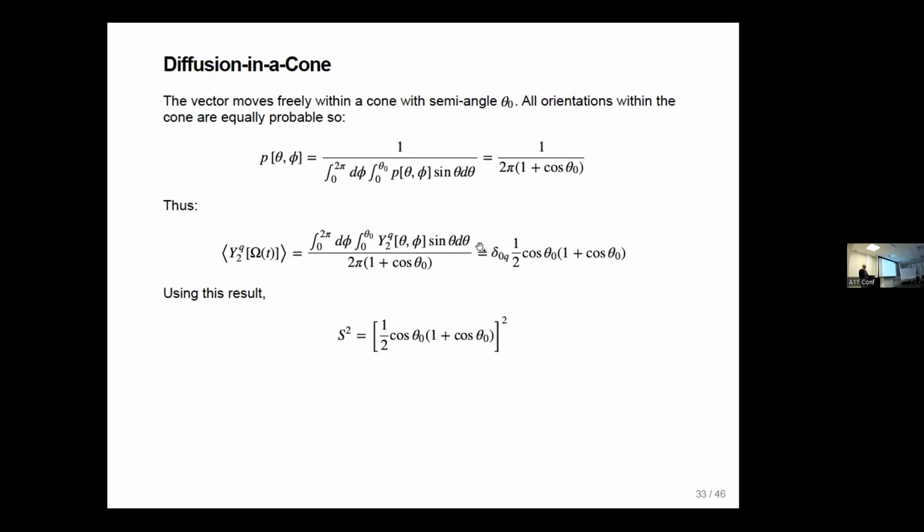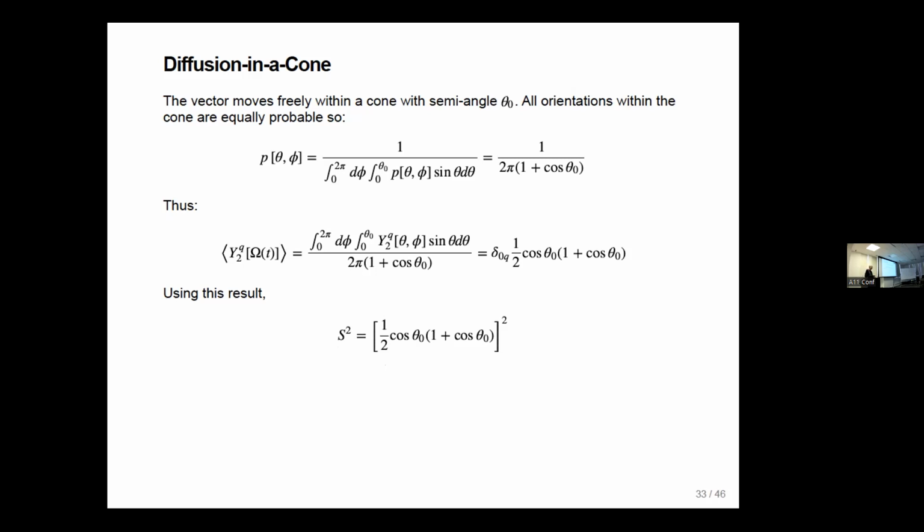Then if we do the integral, we end up with a simple result for the average of the spherical harmonic, and that turns into a simple result for the order parameter that just depends on the cone semi-angle.